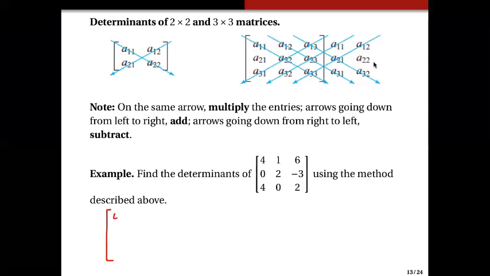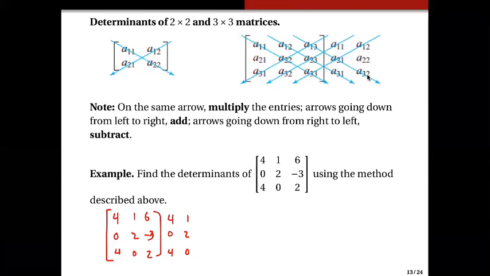So you have 4, 1, 6, 0, 2, negative 3, and then 4, 0, 2, 4, 0, 2. Then we augment the first two columns, so you will have here 4, 0, 4, and then 1, 2, 0.